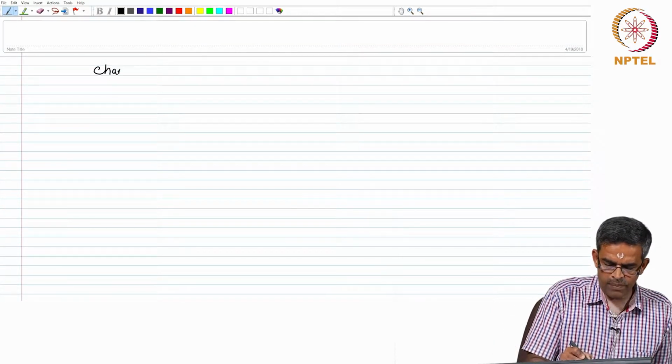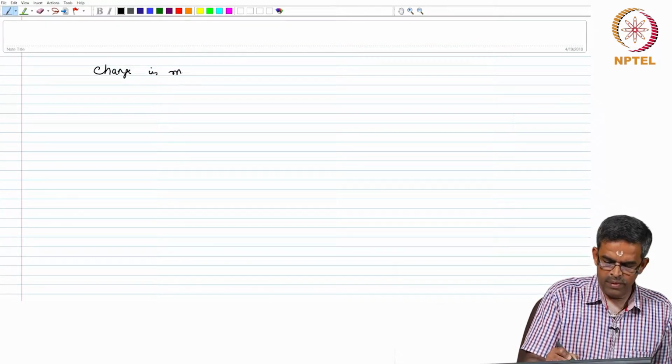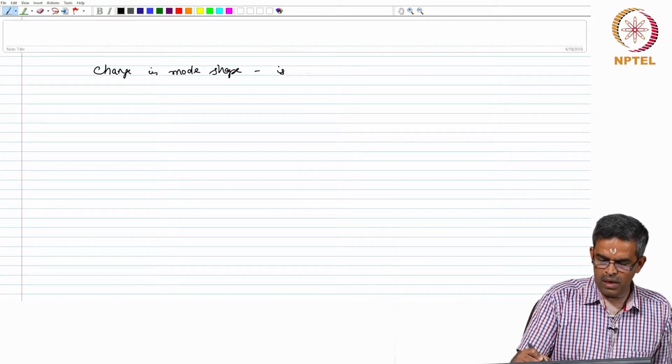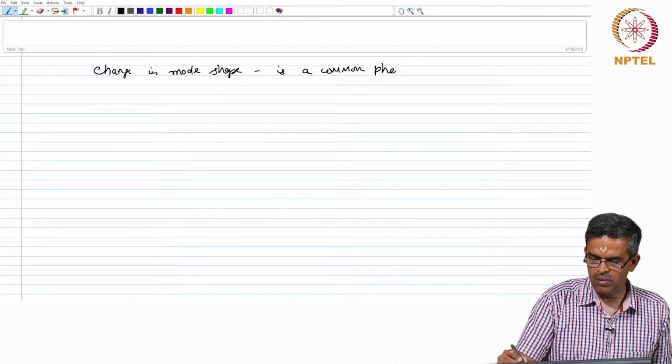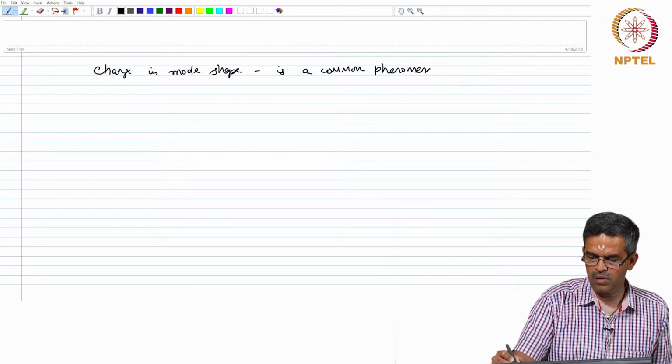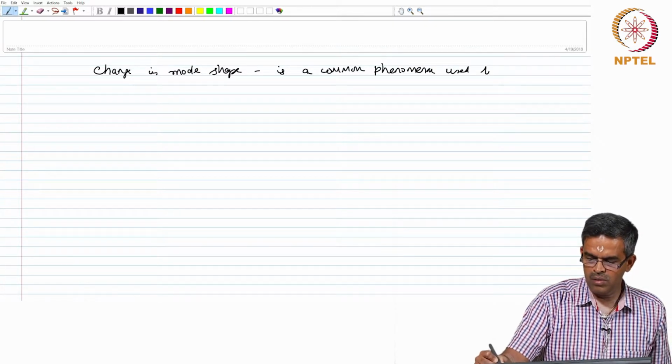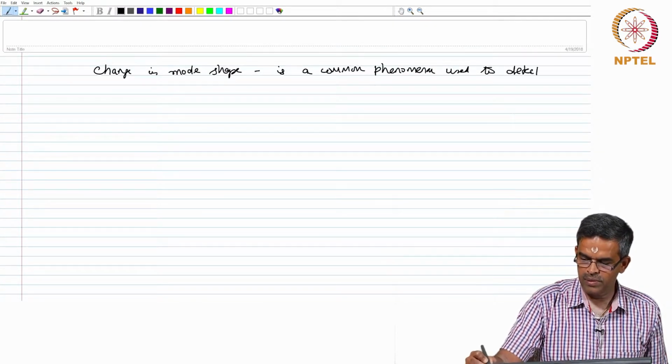Change in mode shape is a common phenomenon used to detect damage.